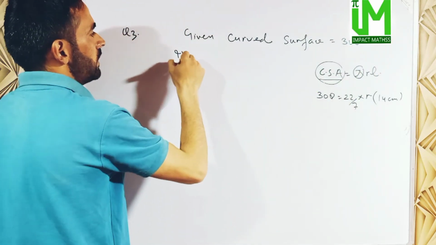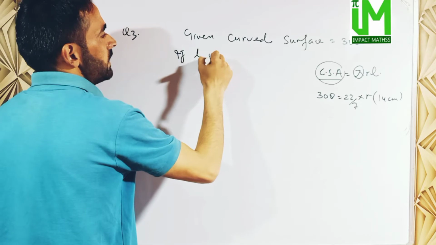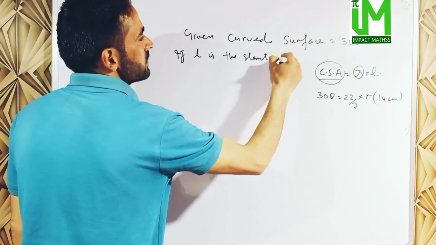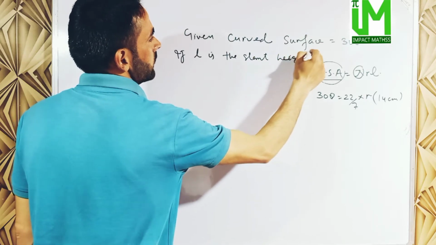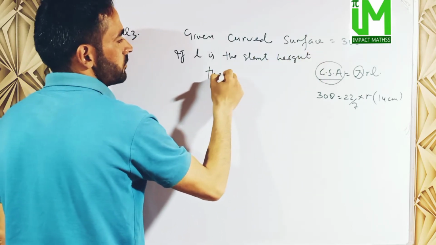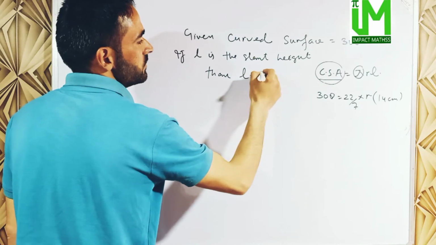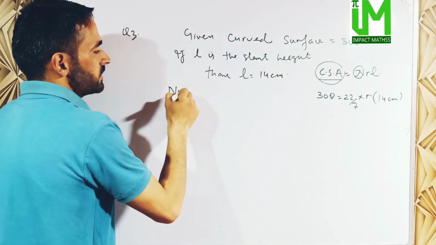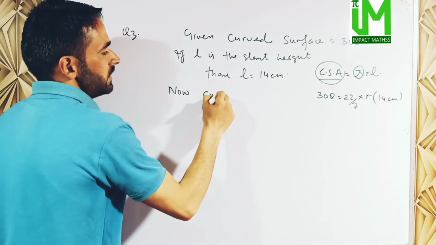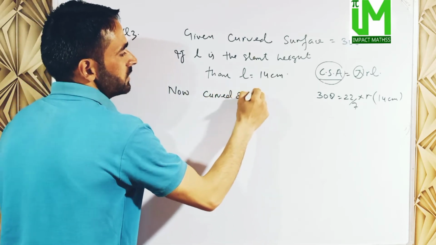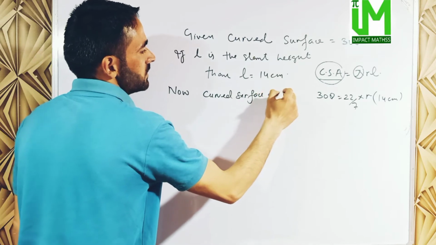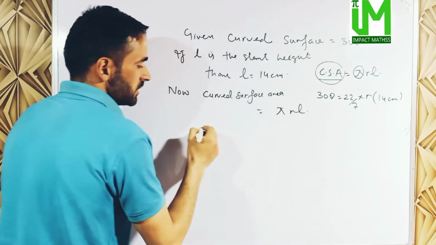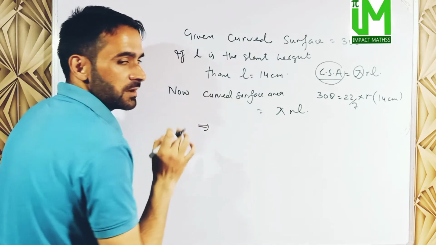So if l is the slant height, then l is equal to 14 centimeter. Now curved surface area, we know, is equal to pi r l. So we will use the given values in this equation.